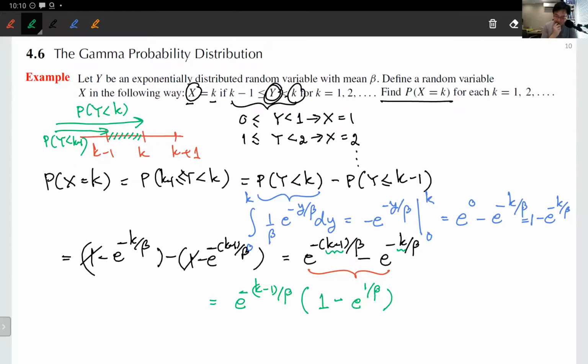Why it doesn't look so good. Minus k plus... okay, this is supposed to be negative, sorry, right there. Okay, this is supposed to be negative. Plus beta.